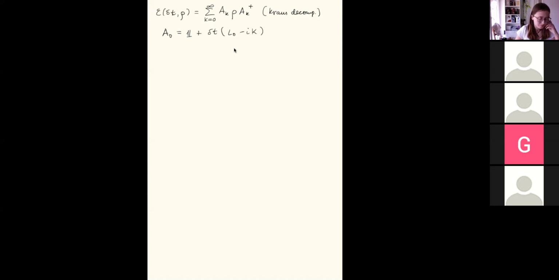They're also Hermitian. And then A_k we rewrite as L_k times the square root of delta t. All of these operators are bounded, and these are additionally Hermitian.